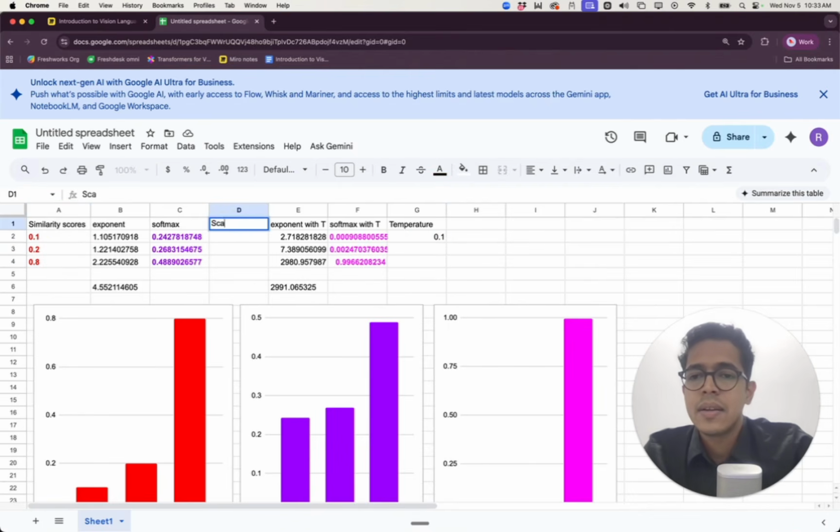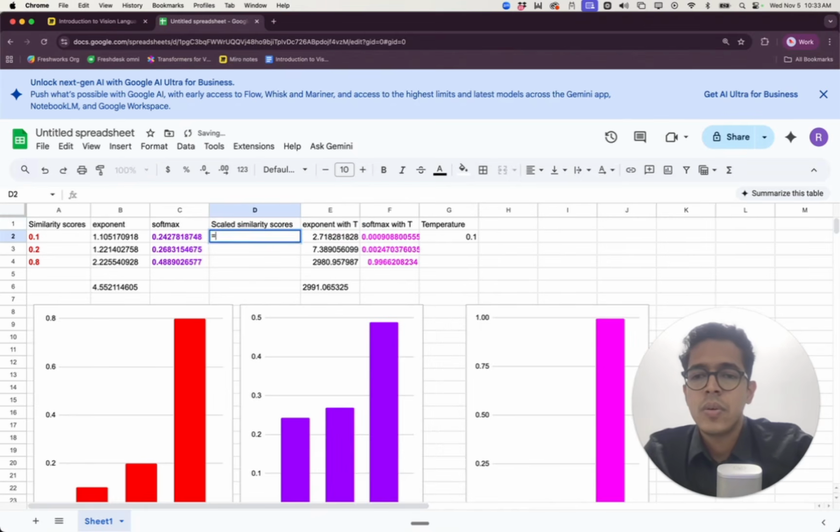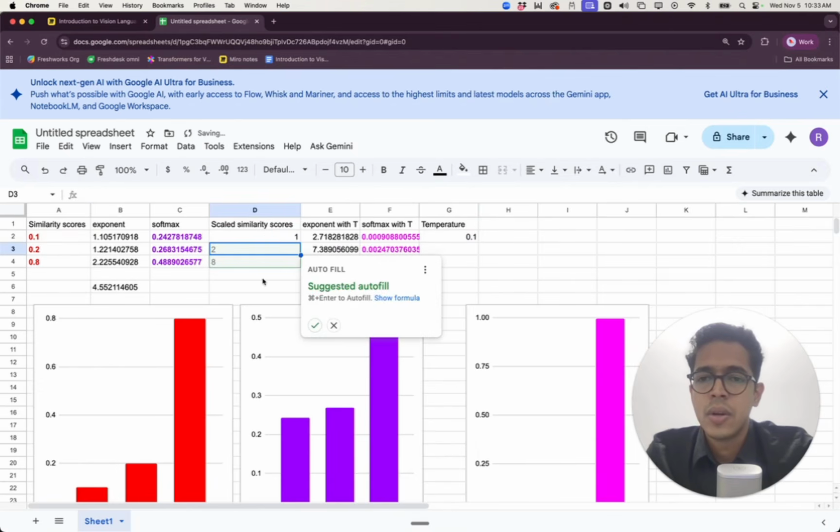So scaled similarity scores, we can say this is equal to the current similarity score divided by temperature. And if I want to construct it for all the rows, I can just say, because the denominator is constant, $G$2, and then just drag like this.